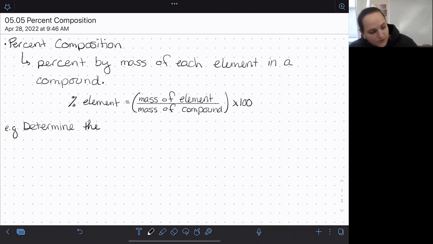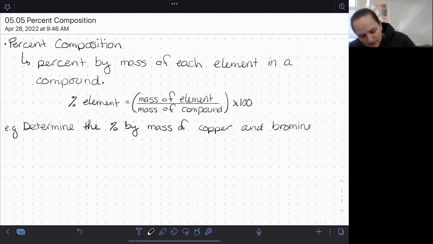So being able to calculate the percent by mass of an element in a formula that is known is also a skill that you need to have sometimes. So we can determine the percent by mass of copper and bromine in CuBr2.